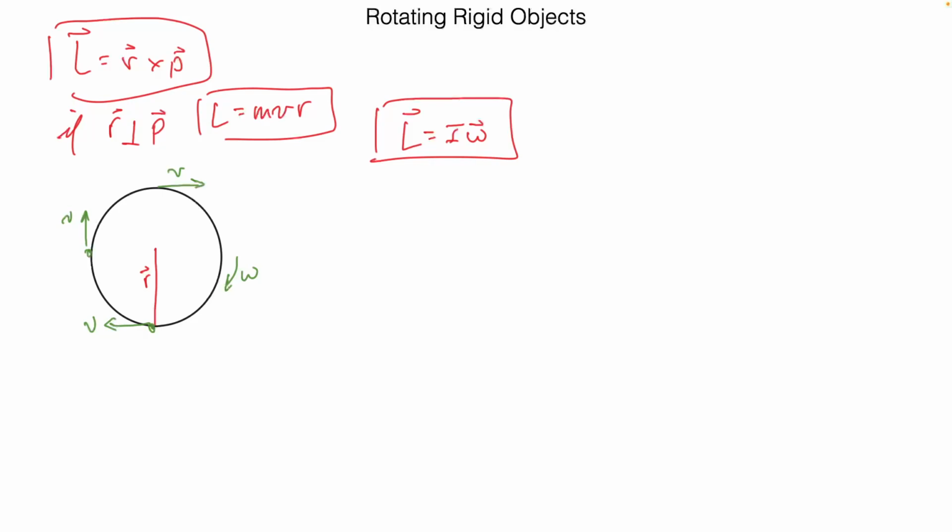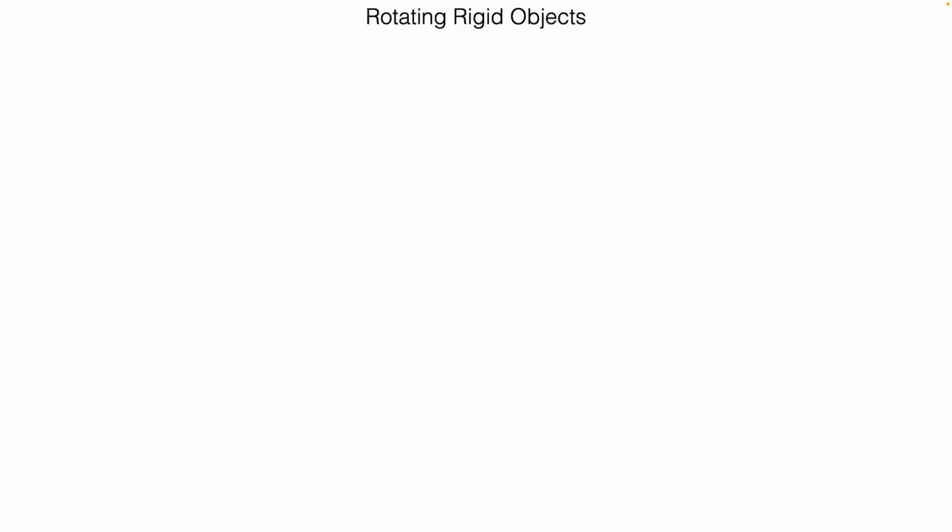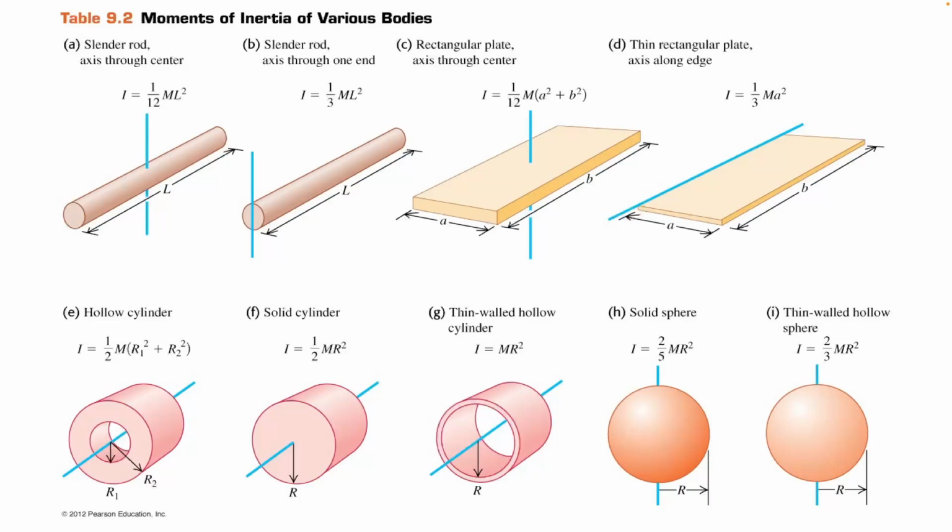And that I right there, what is that? Yeah, it's the moment of inertia. And so what does that mean you need? Need the table, right? Because we can find the angular momentum of any of these objects. We can find their moment of inertia and how fast they're rotating.